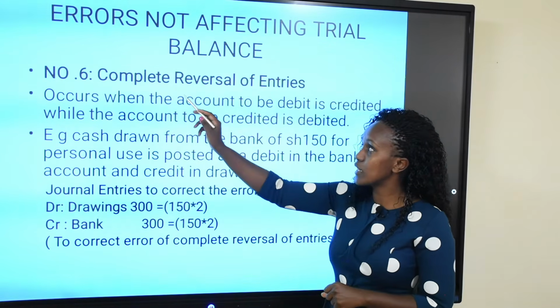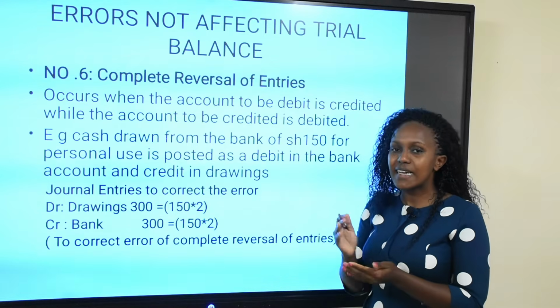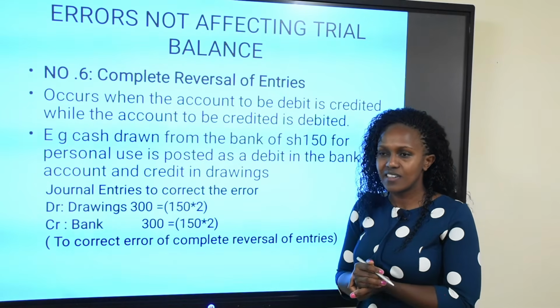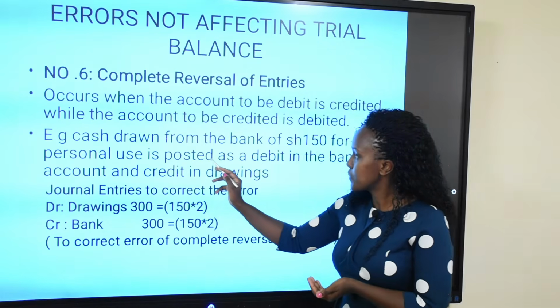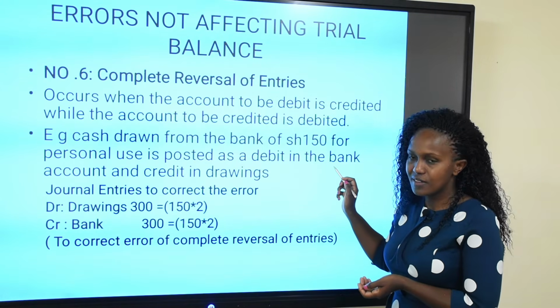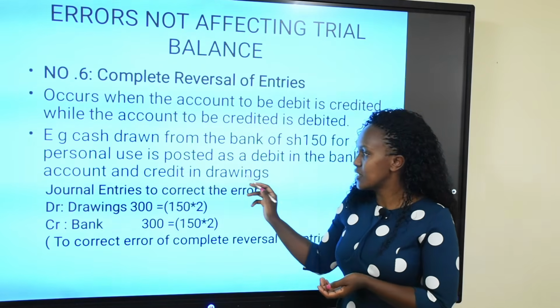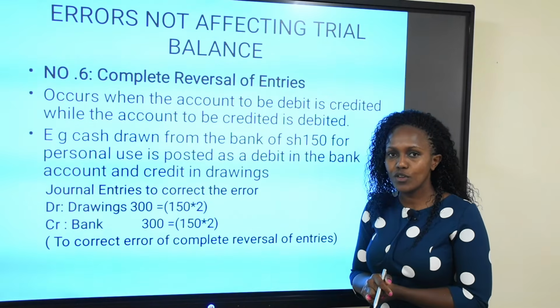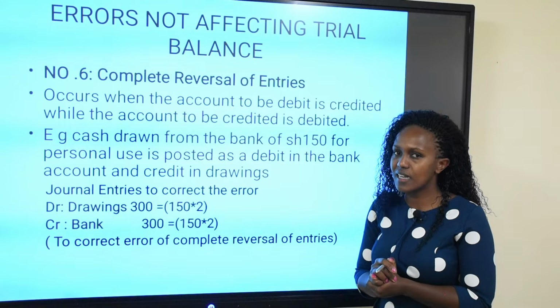But now here, because there is a complete reversal of entries, the exact opposite is what is done. So it says that it is posted as a debit in the bank and a credit in the drawings. So we now have to reverse these entries.